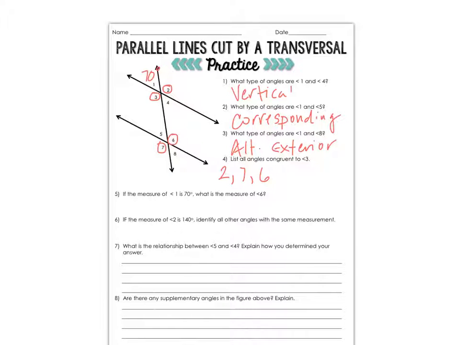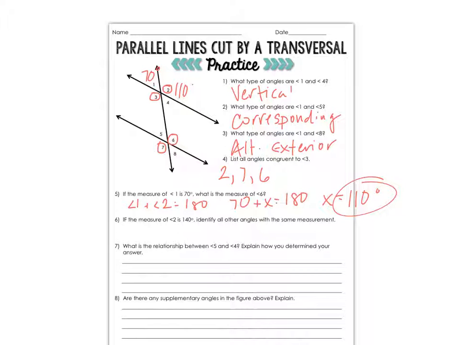Let's choose angle 1 plus angle 2 has to equal 180 degrees. So 70 plus x equals 180, which means x equals 110. So now I know angle 2 is 110, and if angle 2 is 110, then so is angle 6. So 110 degrees.